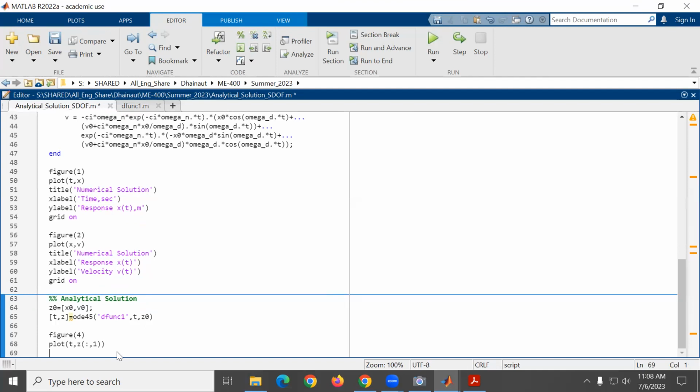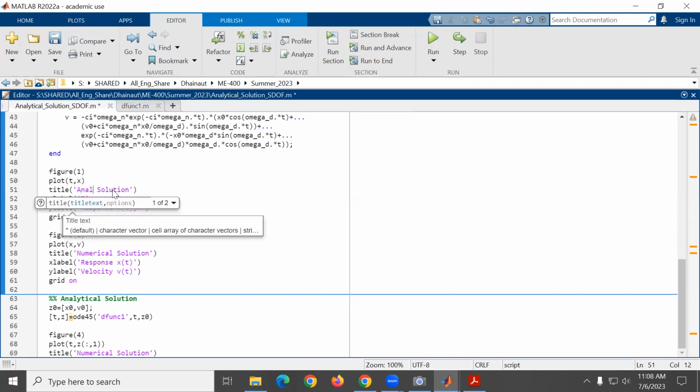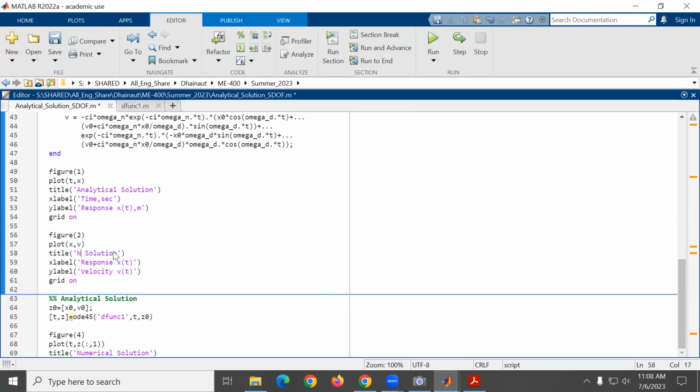We're going to say this is, oops, sorry. Reverse, this should be what? Analytical solution. Sorry for that. Figure 2 is analytical solution. This should be numerical solution.